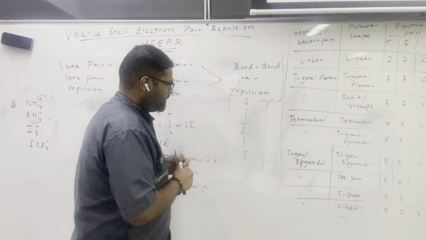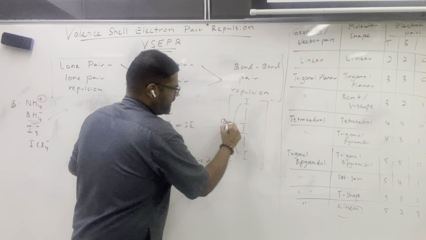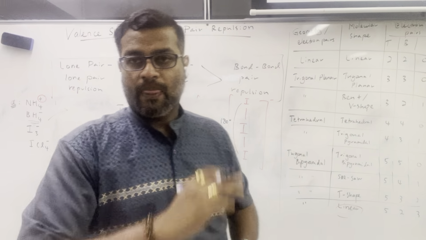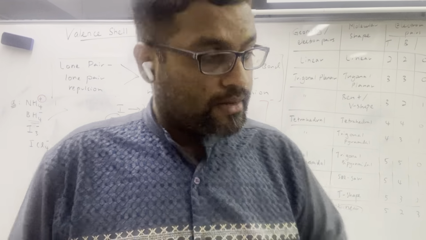And this is the linear shape where it gives you 180 degree, from I to I and another I. So it sits on the same plane, in a vertical line, right? This is what we call a linear shape.